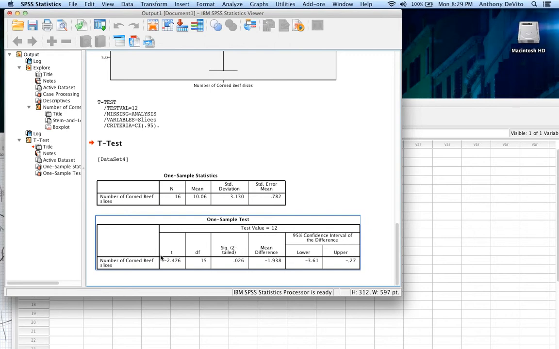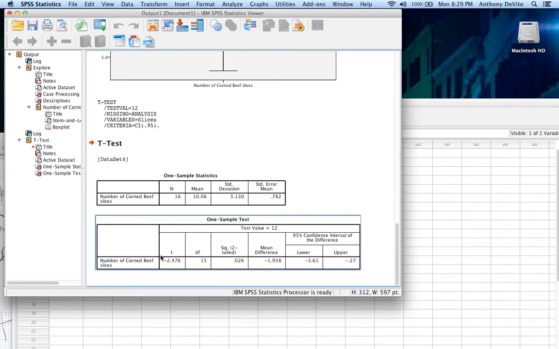And how can it tell you that? Well, it takes your mean that you got for your sample, which was 10.1, and it looks at Boston, which is 12, and it says, how many standard errors apart are these two for this sample size?